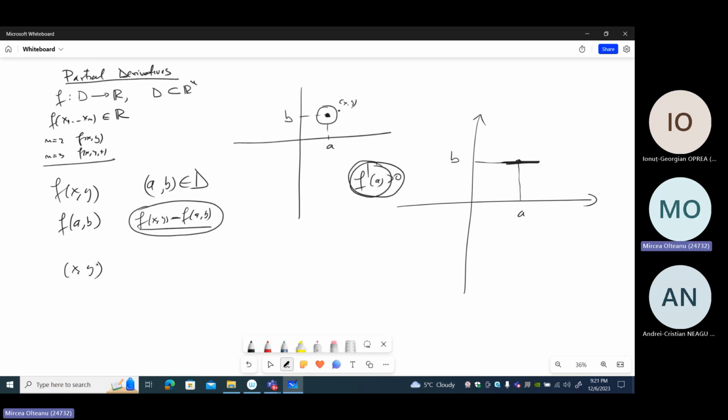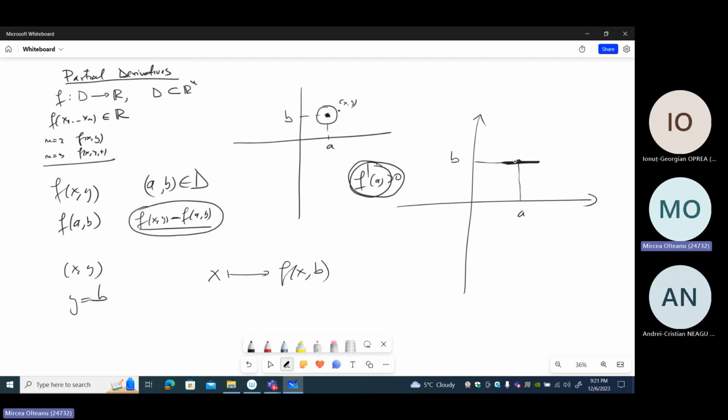What does that mean? It means that y is constant, b. In that moment, our function is a function of one single variable, which associates to x the number f(x, b). This is a function of one single variable.